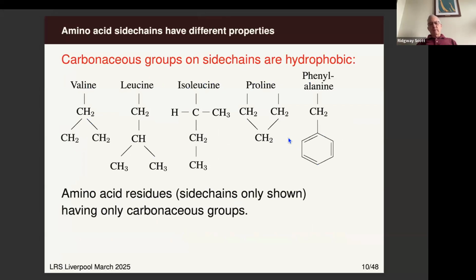And here are just the opposite. Here are a bunch of the most hydrophobic side chains that have all carbonaceous groups, essentially. Phenylalanine, of course, is the biggest one.